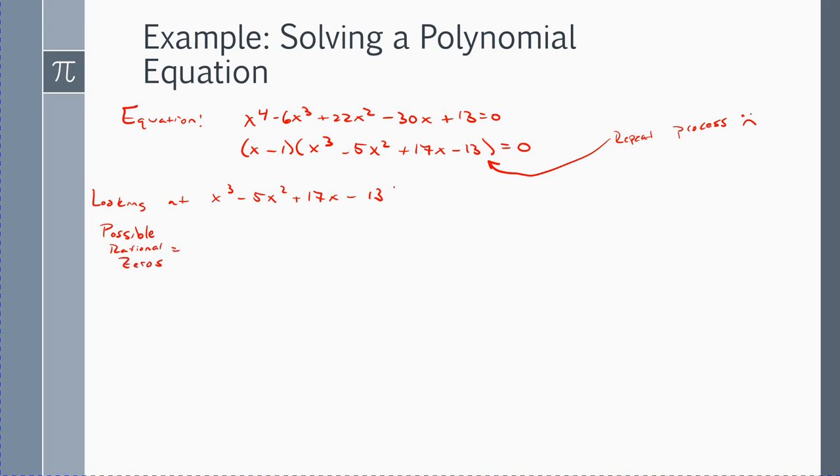So it could be factors of negative 13 all over factors of 1. So this would be plus or minus 1 over plus or minus 13 all over plus or minus 1. So you get the same ones. You get plus or minus 1 or plus or minus 13.